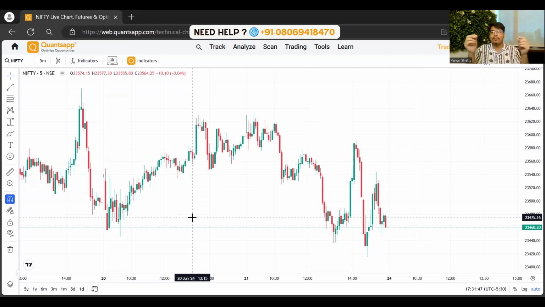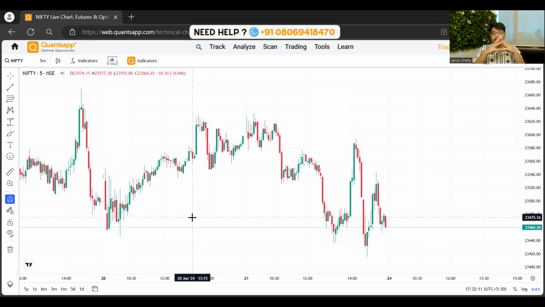A cleaner example would be if I buy both the at-the-money call and put option, then it will be a long straddle. If I sell both at-the-money call and put options, then it is a short straddle. So same strike price, buying or selling both call and put option, that is a long straddle or a short straddle respectively.